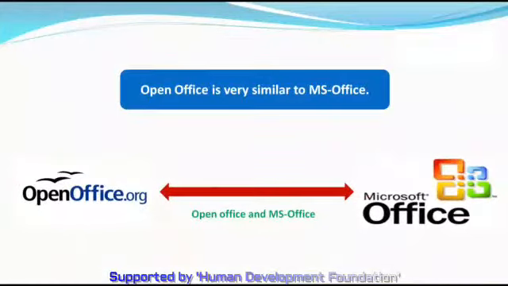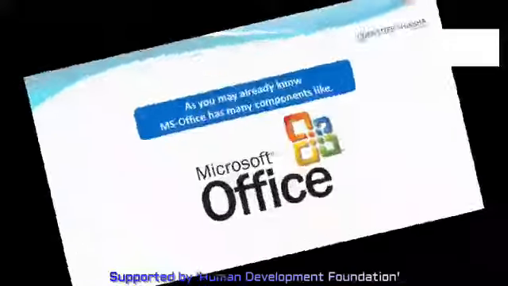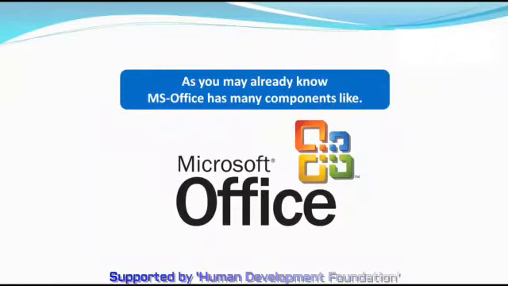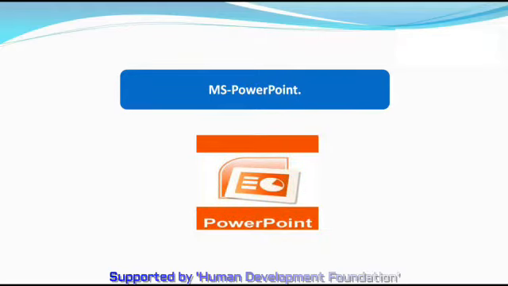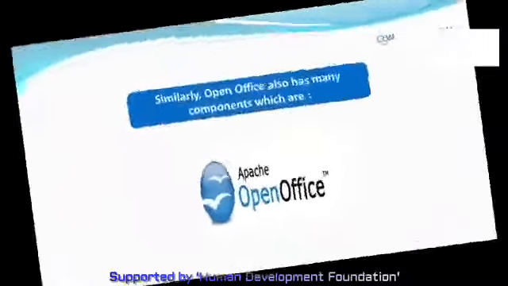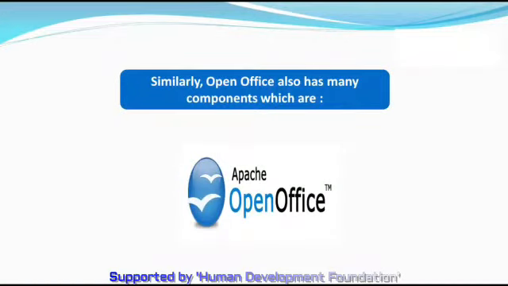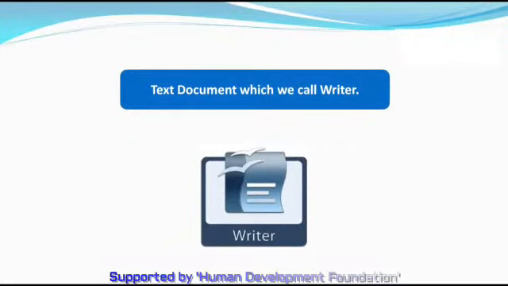OpenOffice is very similar to MS Office. Do you know what are the components of MS Office? As you may already know, MS Office has many components like MS Word, MS PowerPoint, MS Excel, etc. Similarly, OpenOffice also has many components which are text document, which we call Writer.